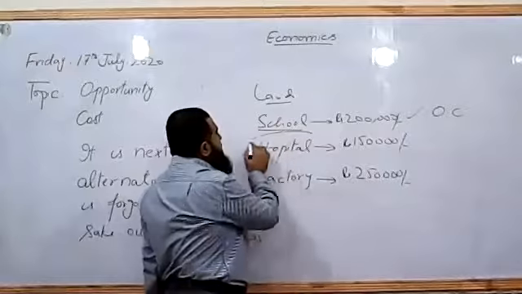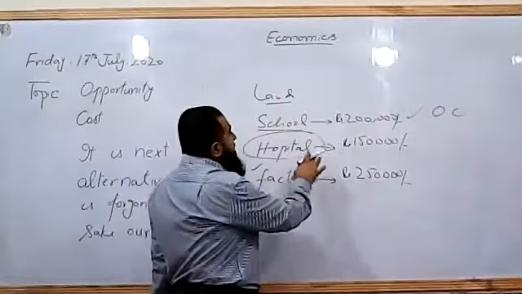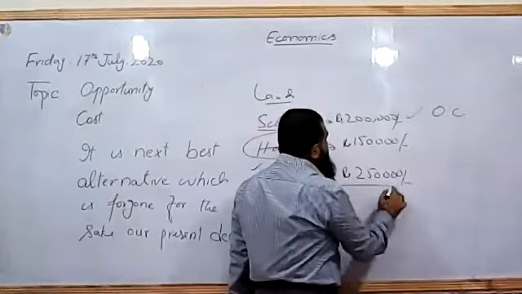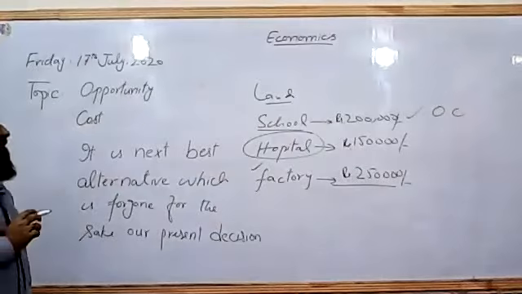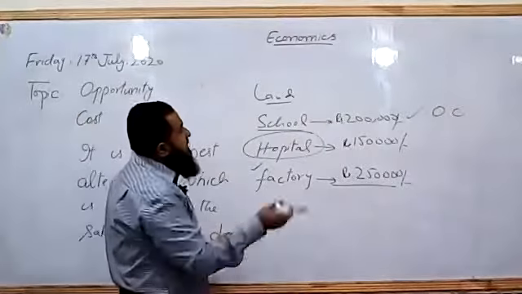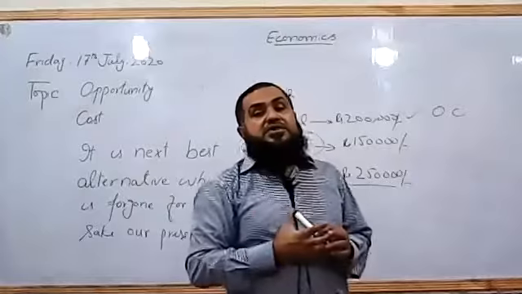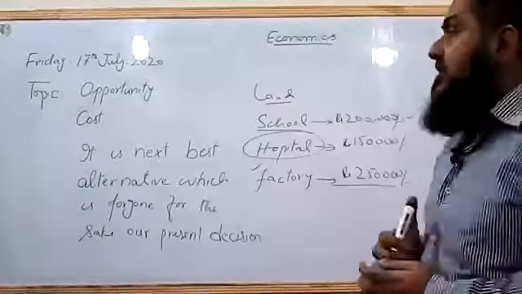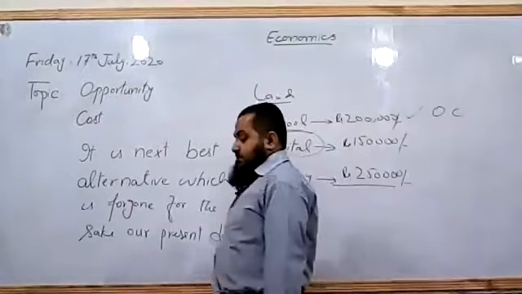The factory's 250,000 is not the opportunity cost, because it is not the next best alternative; we have given it to the factory owner. The school is the next best, so the opportunity cost, sacrificed for the sake of running a factory, is 200,000 rupees per month.